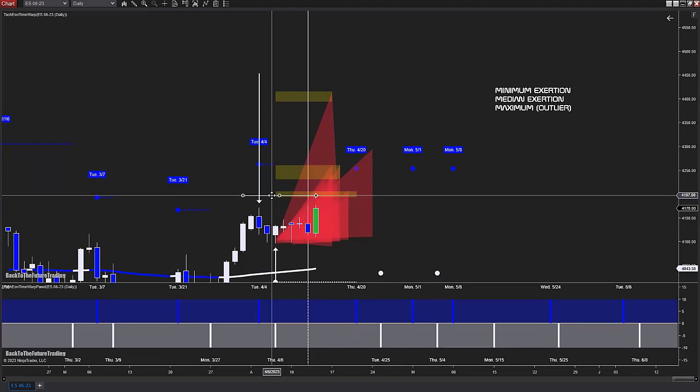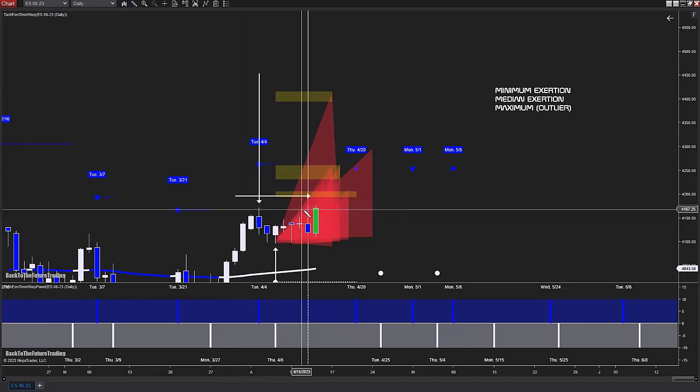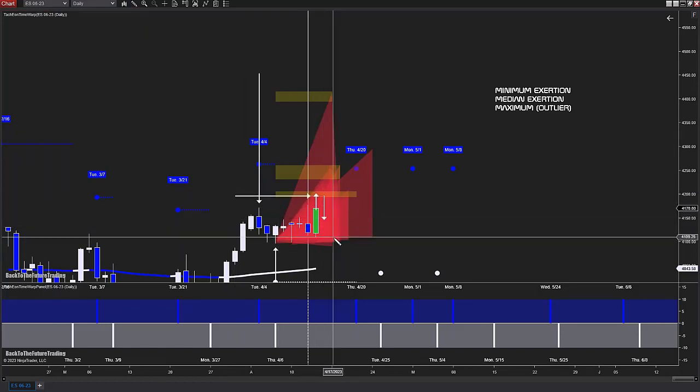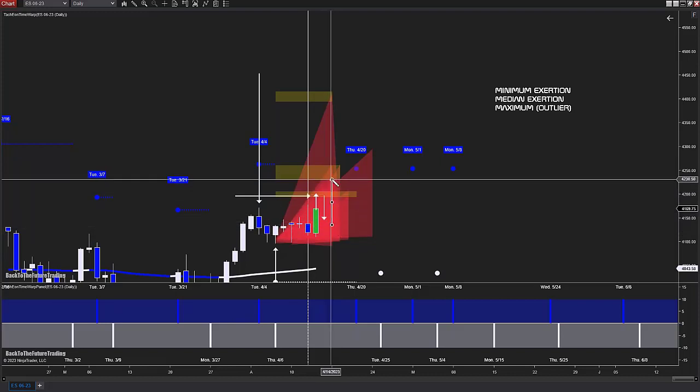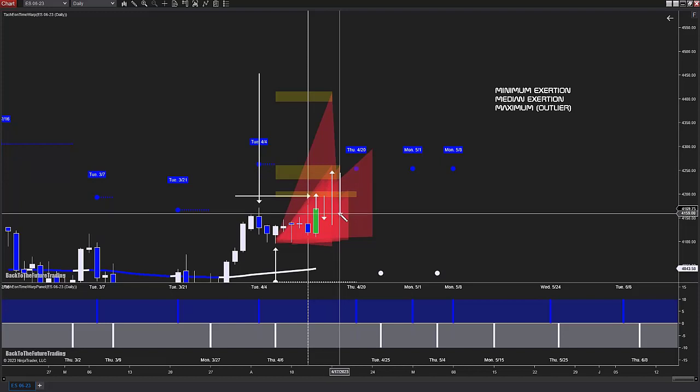4194, 4197 to 4200. And inevitably, what happens when I do this on public forums, on Facebook and groups I'm a member of, it'll come up, hit that level, and then come down. And then it'll come back, if it's going to continue higher, into this level and come down.